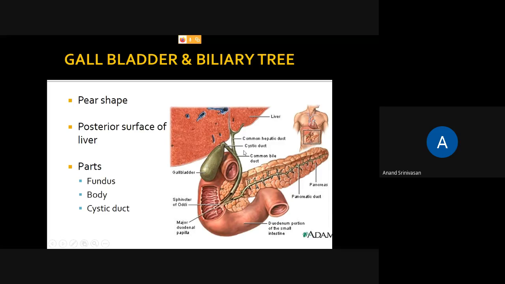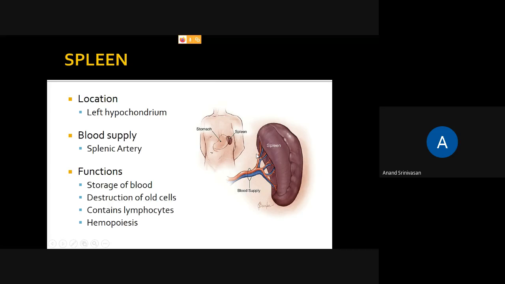So this is regarding the gallbladder and the biliary tree. This is important. Remember, the common hepatic duct and the common bile duct are entirely different. From the liver comes the common hepatic duct. The common hepatic duct joins with the cystic duct, which is coming from the gallbladder, and they form the common bile duct.